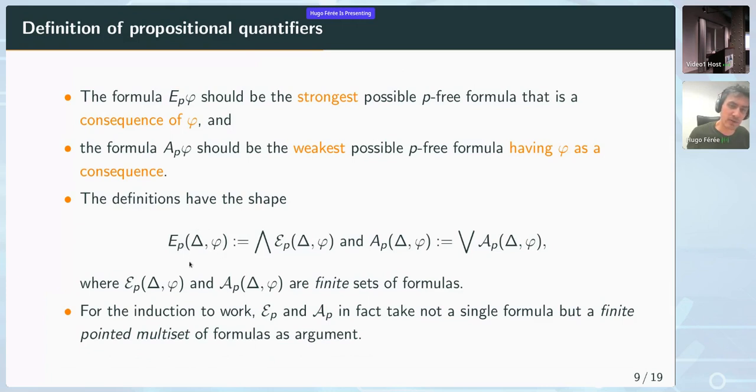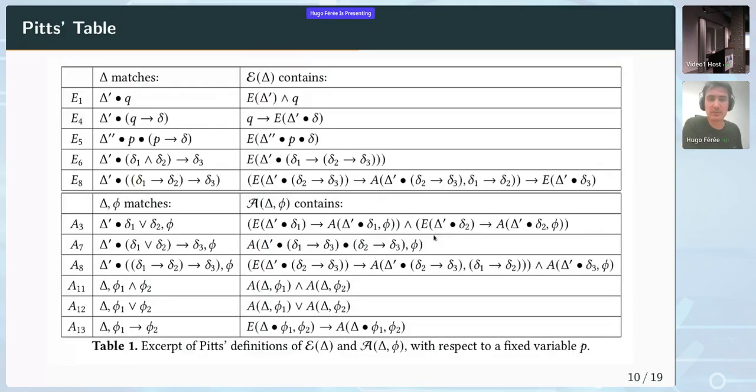First, for the induction to work, we need to generalize a bit, and we need to not work with formulas, but actually with a multiset delta of formulas and a formula phi. So the question is, how are those sets curly E and curly A built? Pitts' definition is very mathematical and not very operational, it's not really a program, and the whole difficulty of the work is to translate that sort of definition into a Coq program.